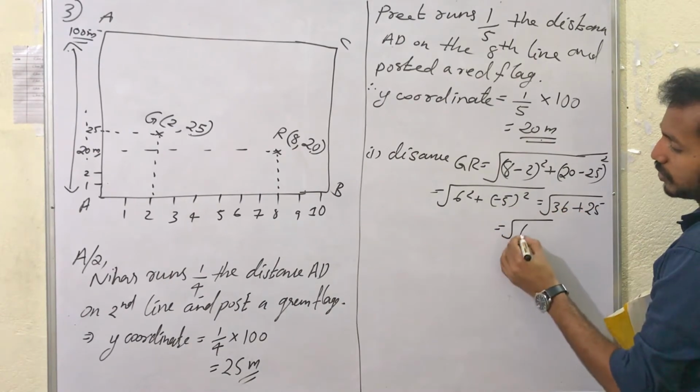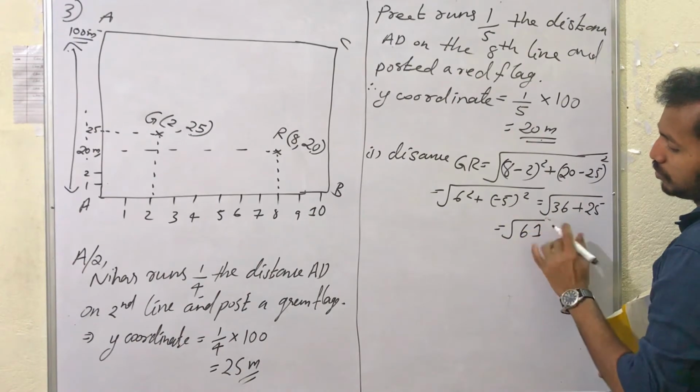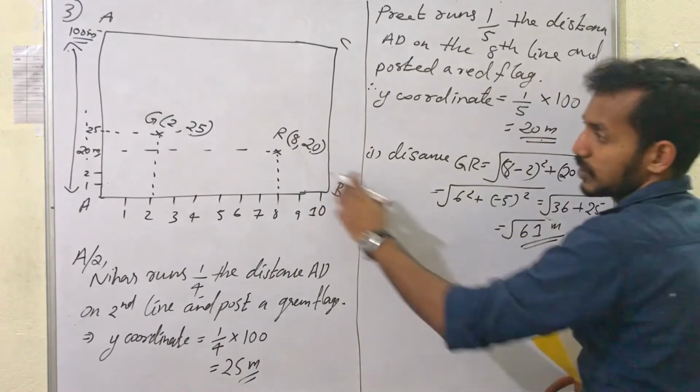That is equal to square root of 61 meter. That is the distance between these 2 flags.